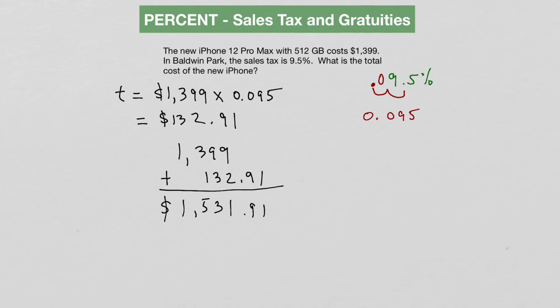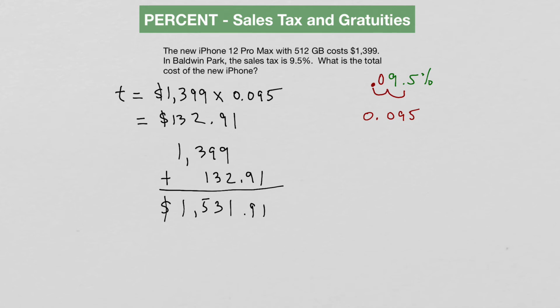So as you can see, even though the phone is advertised for almost $1,400, by the time tax is incorporated into the total, it's well over $1,500. So a fairly expensive phone.